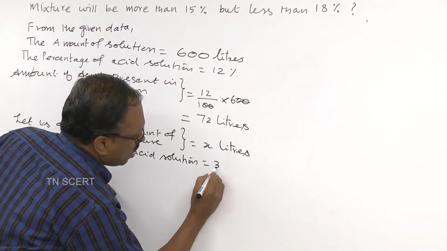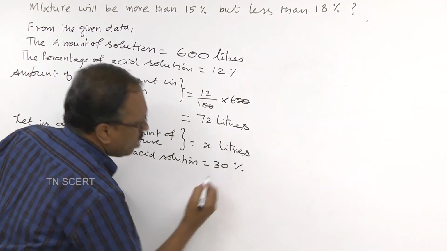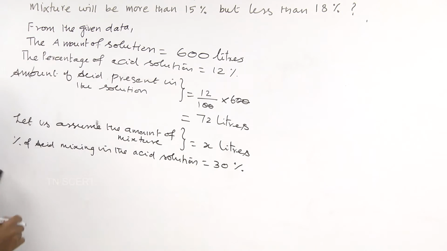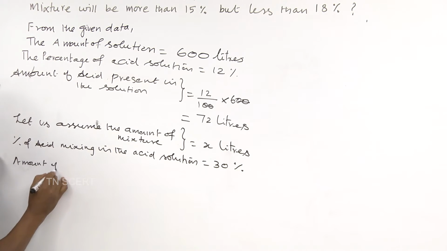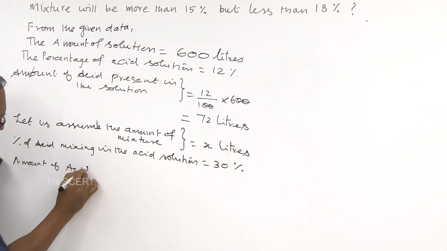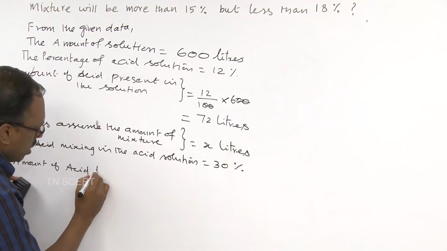So that is 30%, which is what is given here. So here once again, the amount of acid present in the mixture.